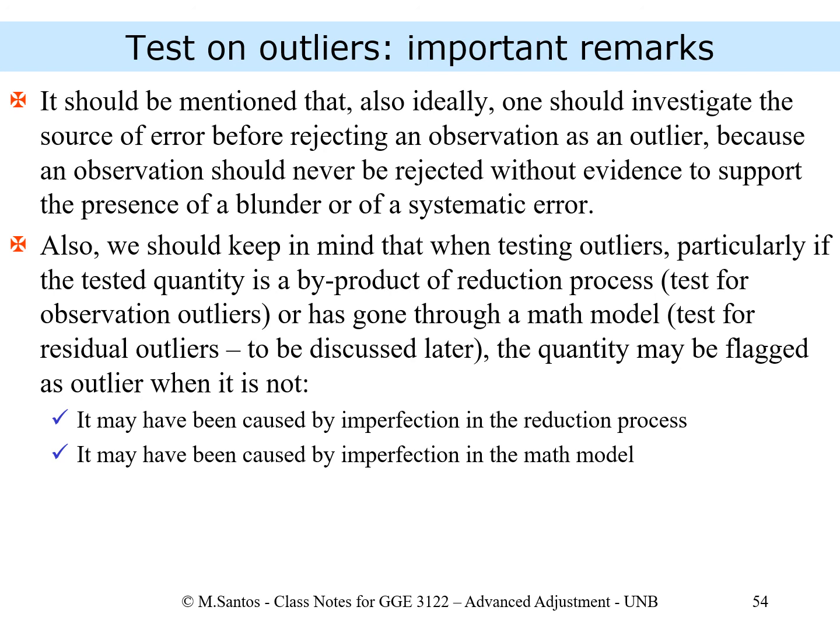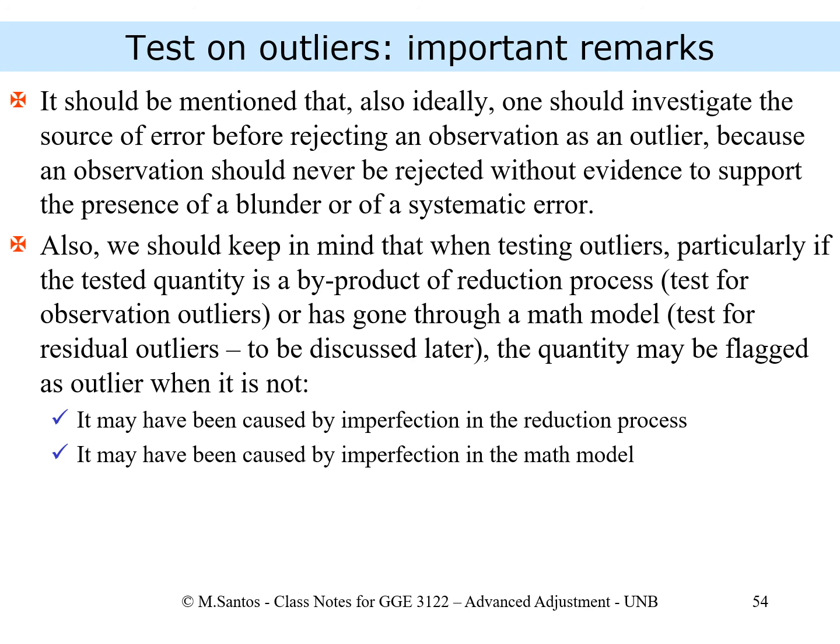We may have a normal, healthy observation, and suddenly it was flagged as an outlier because after going through an imperfect reduction process, and an imperfect mathematical model, it became an outlier. These are things that we should keep in mind.